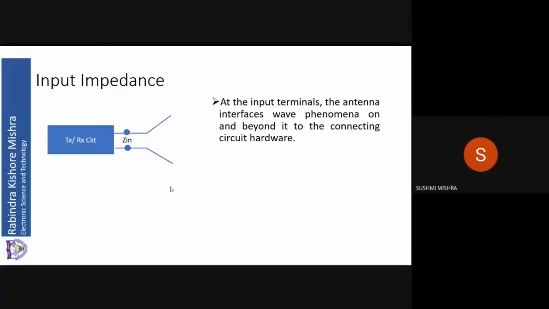It means on the reactive part, one part will be inductive, other part will be capacitive. So the reactive part will cancel out. So then what remains is the resistive part. By complex conjugate, we mean that both the resistance will be equal.